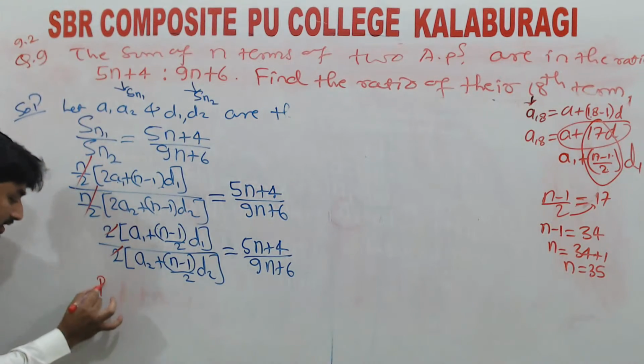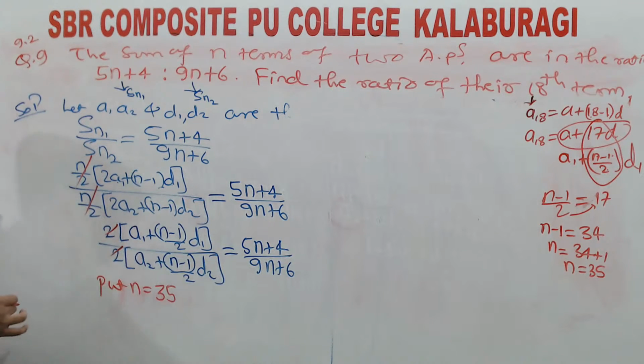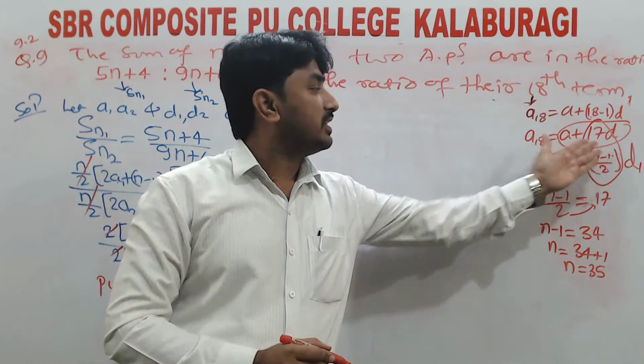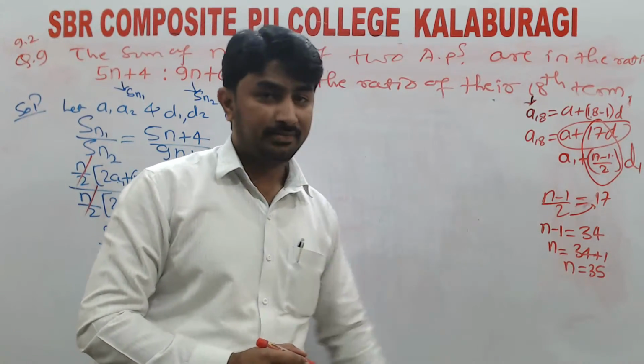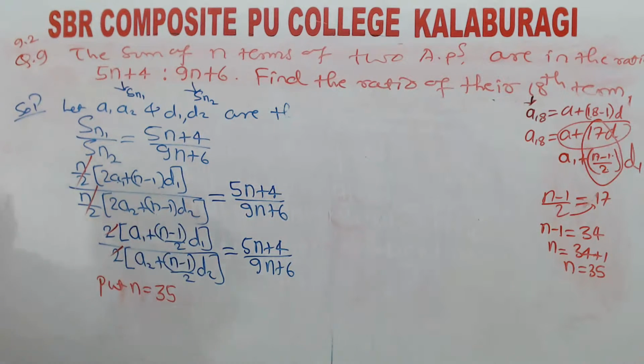Therefore, I am putting n equal to 35. Since we compare this 18th term to our given condition, we get n equal to 35. That's why I am putting n equal to 35 here, and we will get the required ratio.